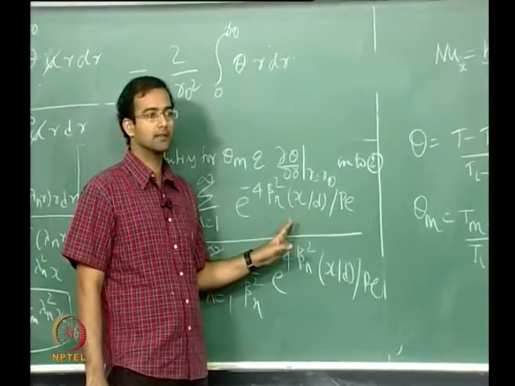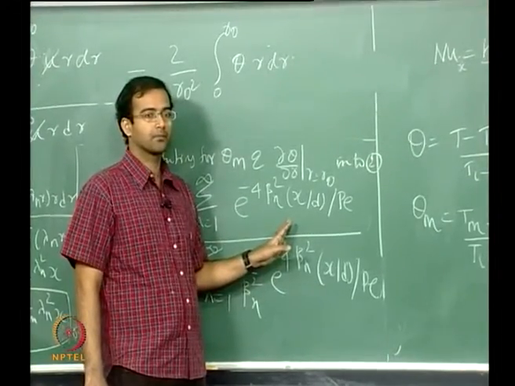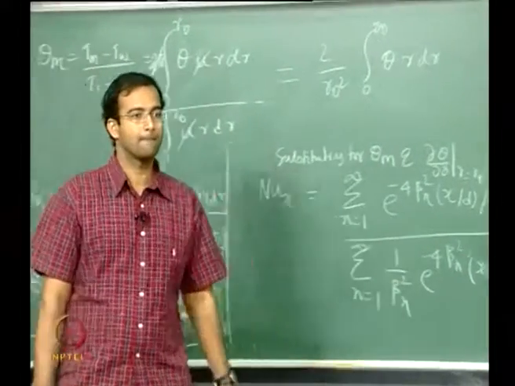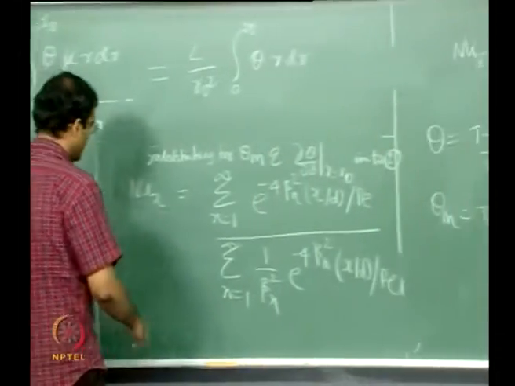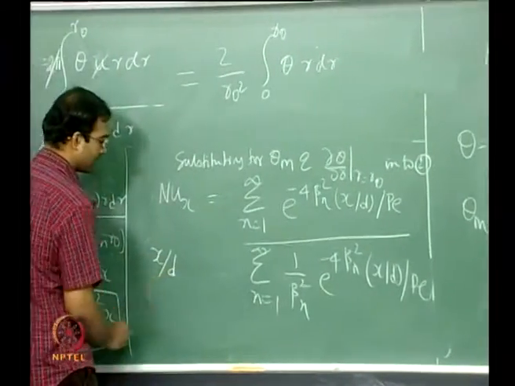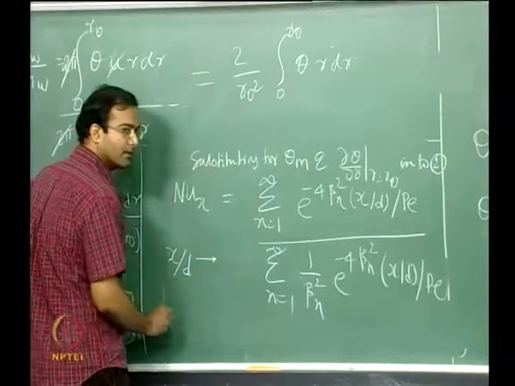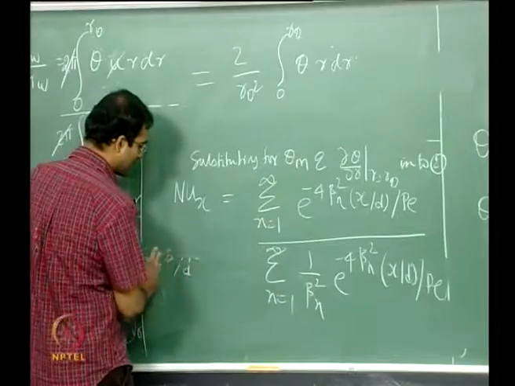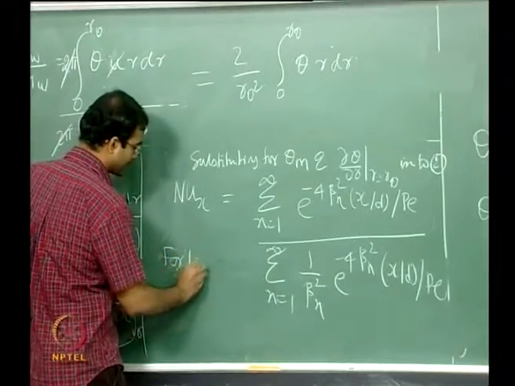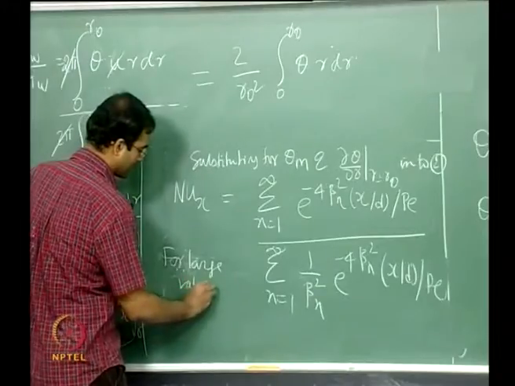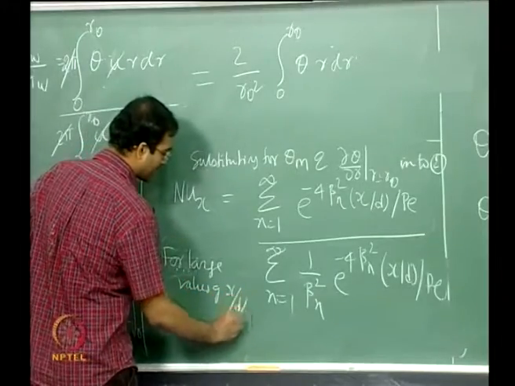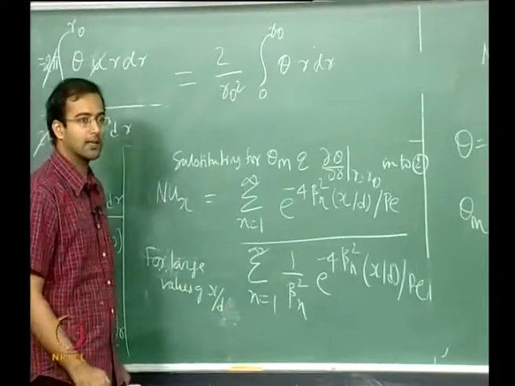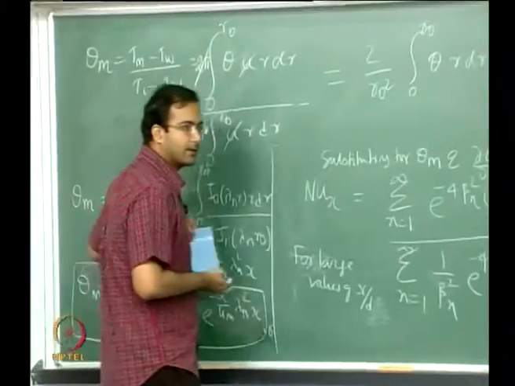What is the asymptotic case? What is the limit at which we can retrieve the fully developed case? When x by d goes to infinity, for large values of x by d, you go asymptotically, because you are now in the thermal entry length region.